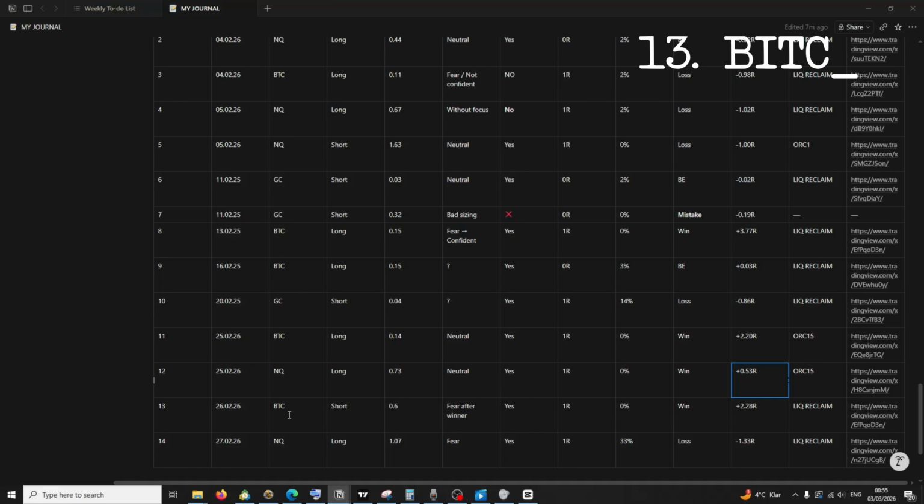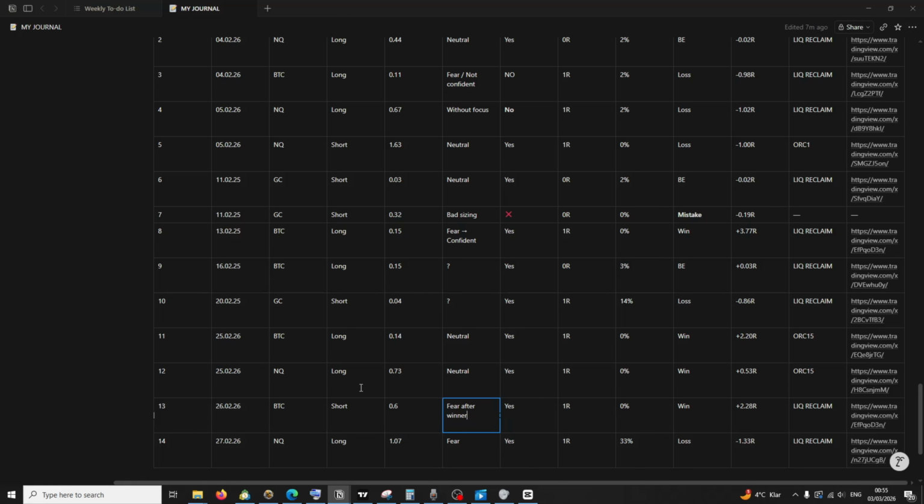Trade number 13, BTC. Short position, again lower sizing, because here it is after a winner. Actually I can't really explain this, but I had these two winners and this trade was taken on the next day, but I think this was actually after market close and the daily open. So it actually was the same day.